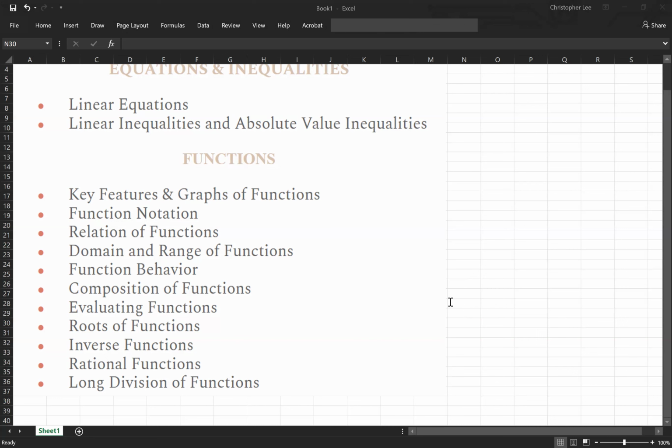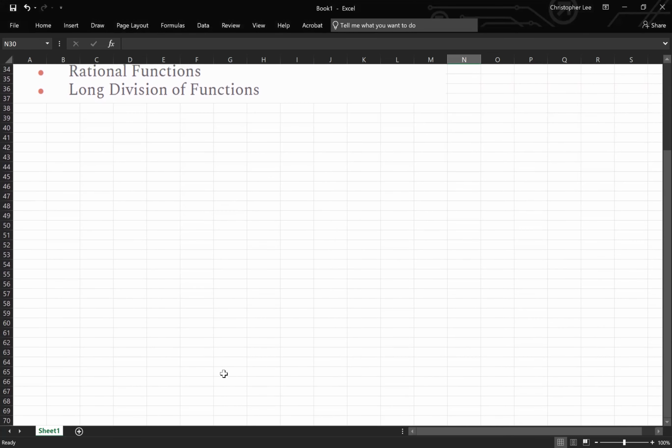So first, let's tackle equations and inequalities. Let's take a look at an example. So you could consider this to be like our first example, number one.